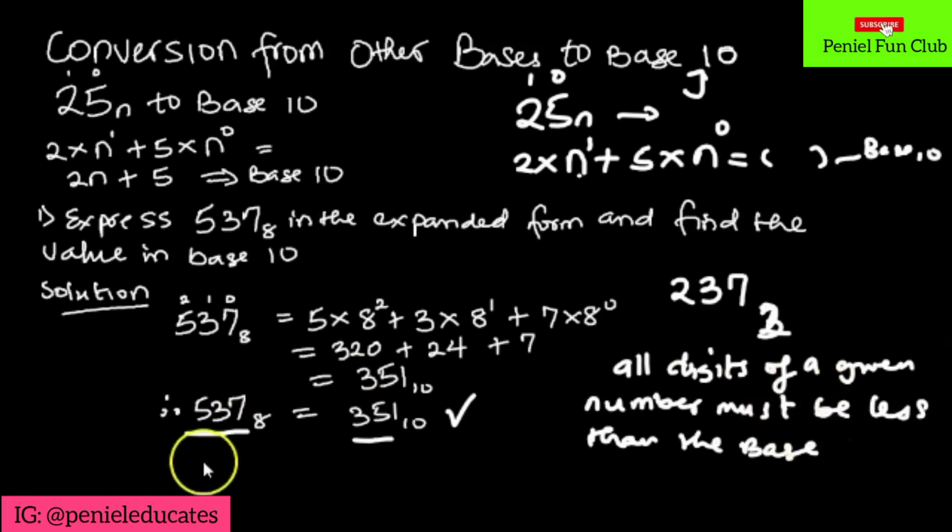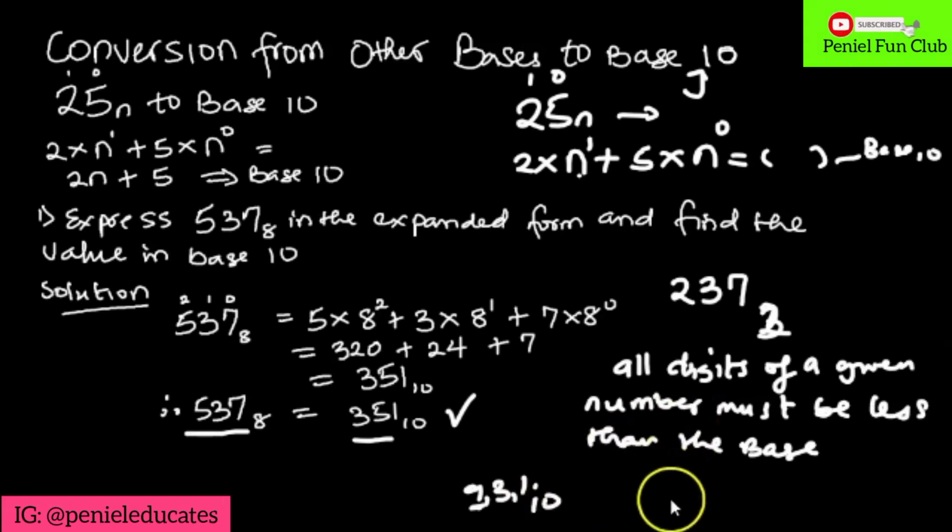That's why when we have numbers in base 10, you can have 9, 3, 1. So this is the highest digit that you can have in base 10. All these digits that are here must be less than the base.